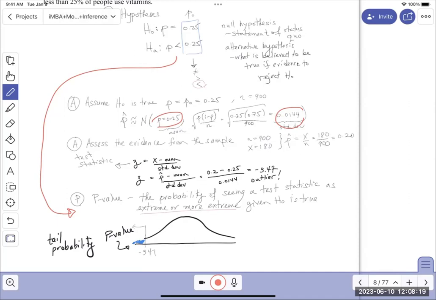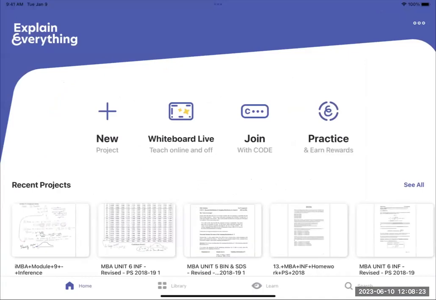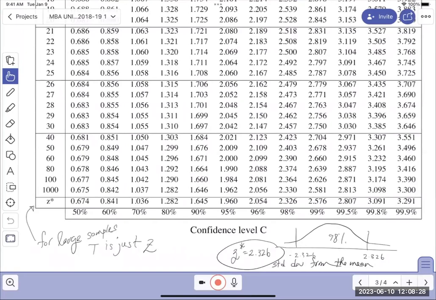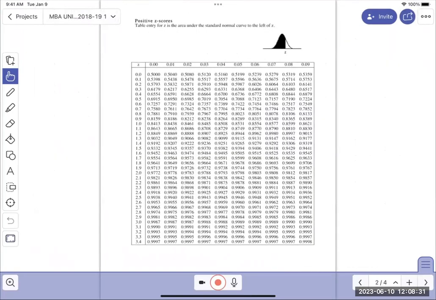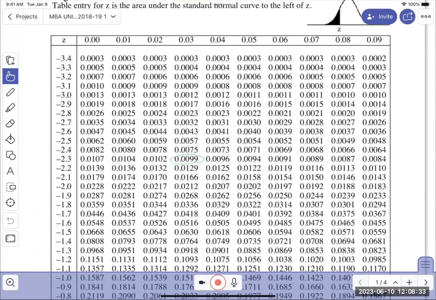You go to the table. And you're going to negative 3.47 and you get this. 0.0003, very small number, very close to 0. I could also do it in Excel if I wanted.